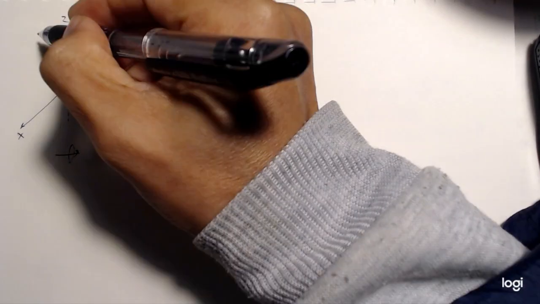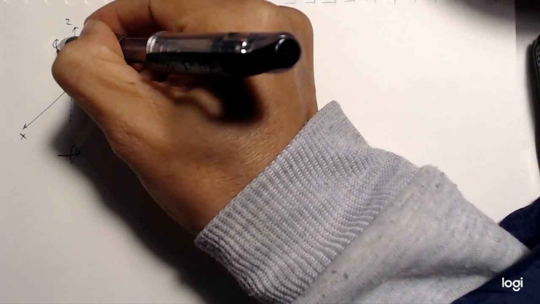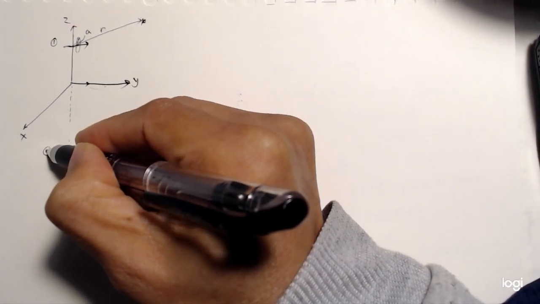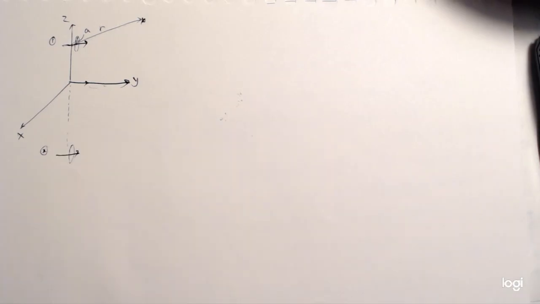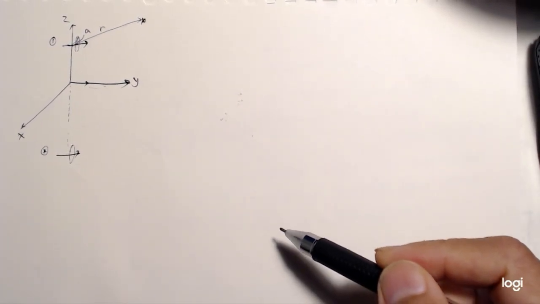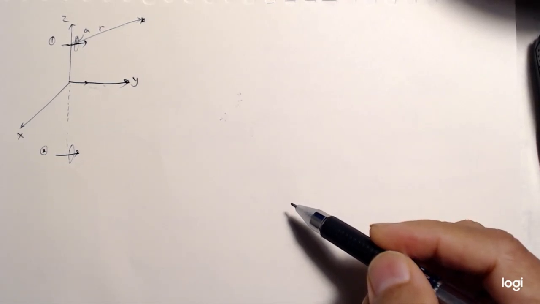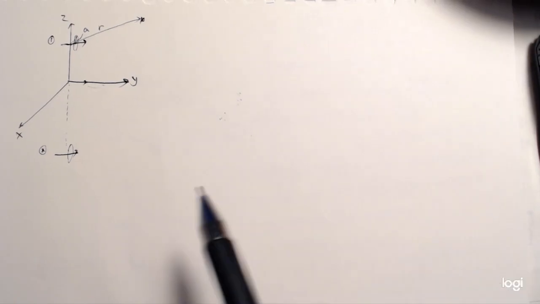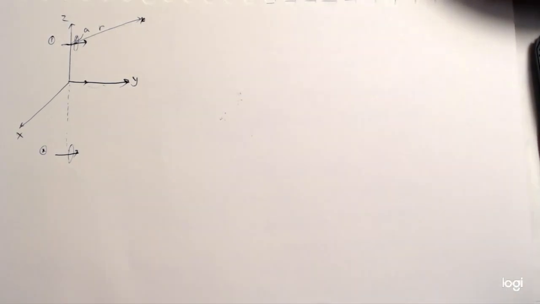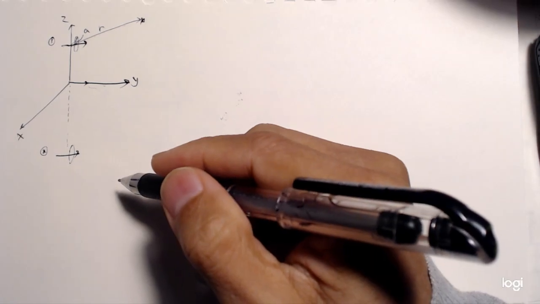Let's say this is loop 1 and this is loop 2, or magnetic dipole 1 and magnetic dipole 2. Now let's write down the formula for the magnetic dipole first.